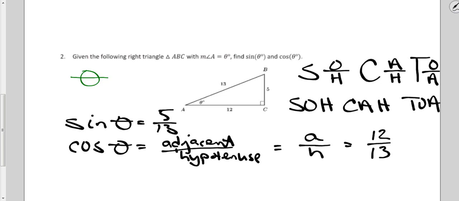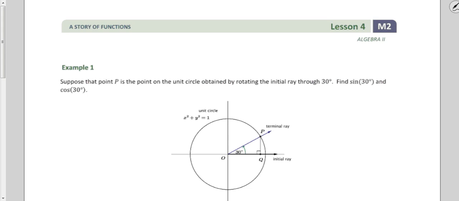Okay, so that is cosine of an angle. For now, I want you guys to include this step when you're finding sine, cosine, tangent, okay? Next page. What does the X stand for? Opposite.